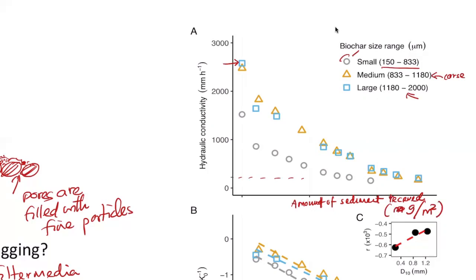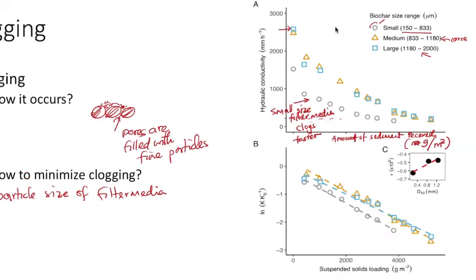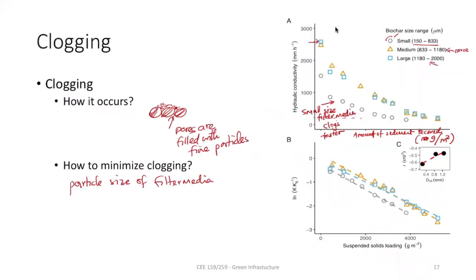If you have a different range of particles, in this case biochar, they clog at a different rate. And the one with the smallest particle size filter media clogs faster. That's because of its pore size, and you can actually model that.